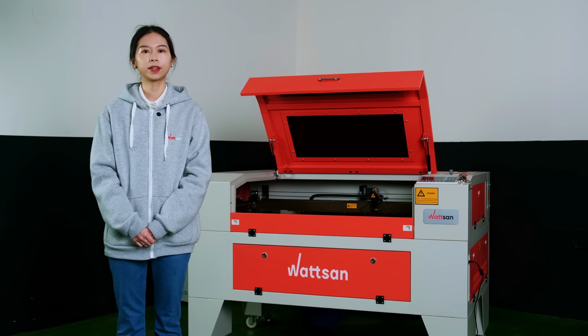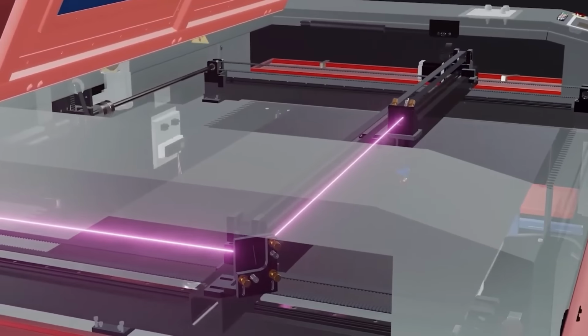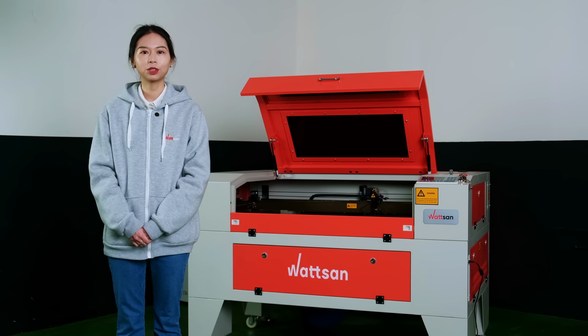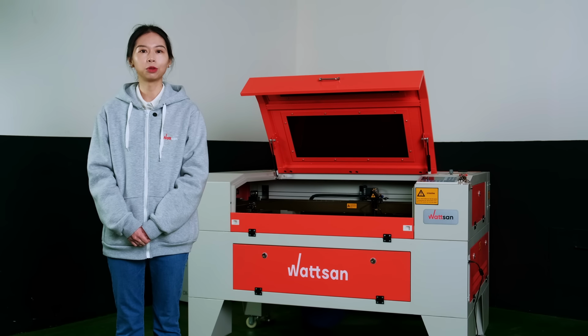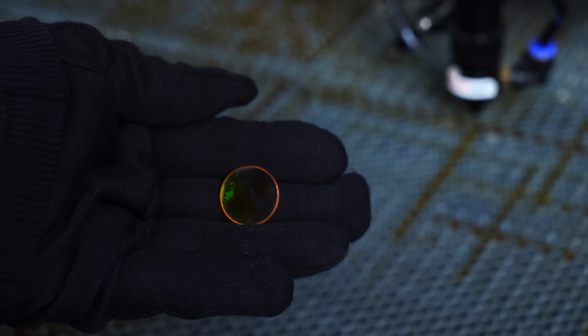The larger the working area of the laser machine, the more the laser beam disperses as it travels from the laser tube to the focusing lens. As a result, on larger machines, the beam reaches the lens as a wider dot, which is why the lens needs to have a larger diameter.